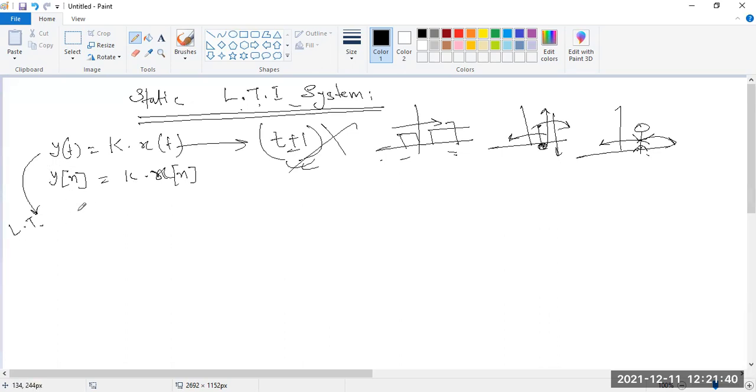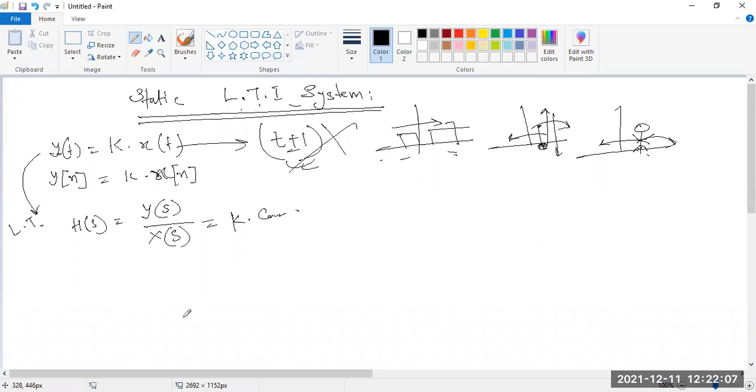If we take the Laplace transform, we get the transfer function H of s, converting y from the time domain to the frequency domain, and x also. It is the ratio Y by X, so that is k, and k is the constant.